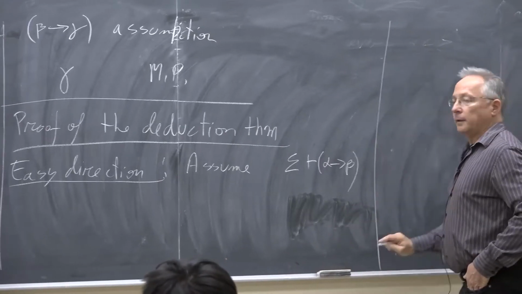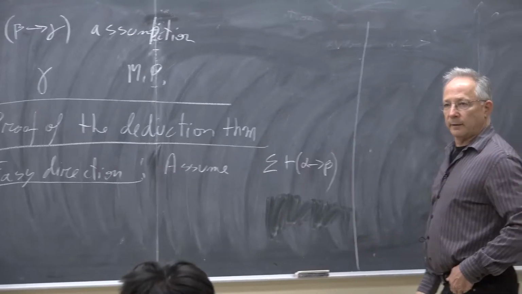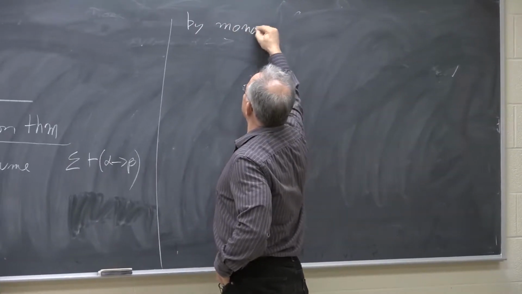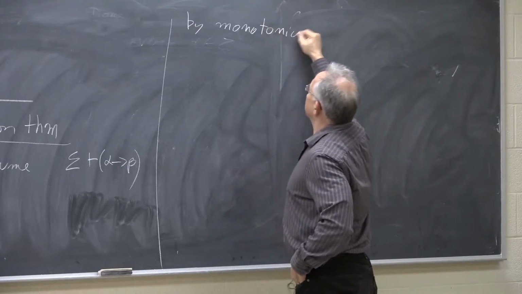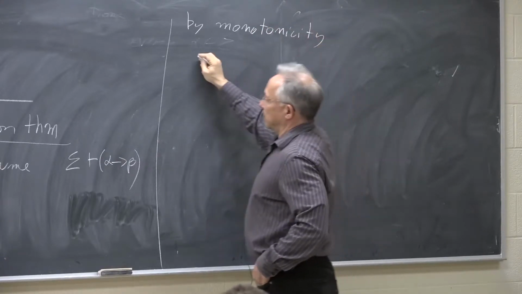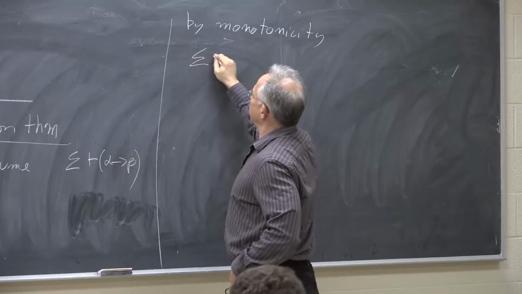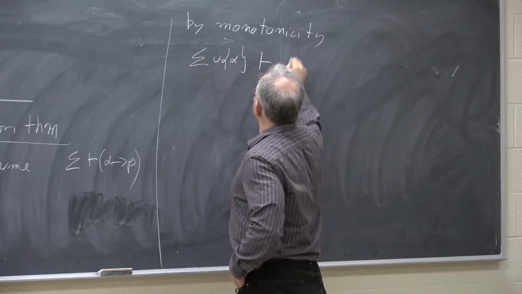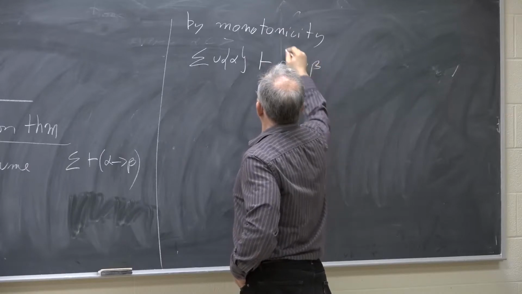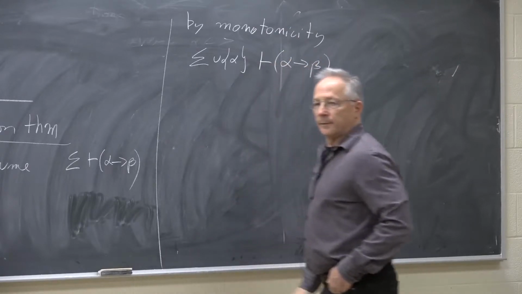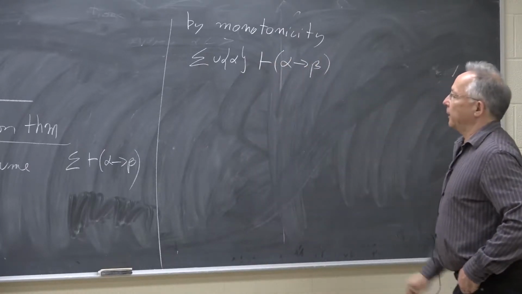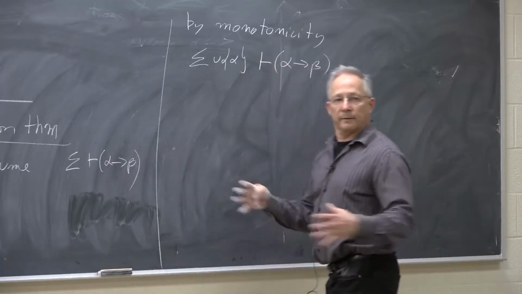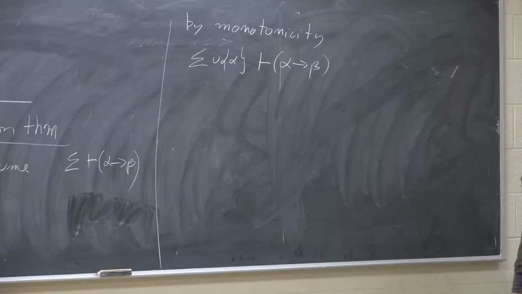So therefore, by monotonicity, sigma union alpha can also prove alpha arrows beta. Because I only added more assumptions to sigma. I extended it. It's bigger now.